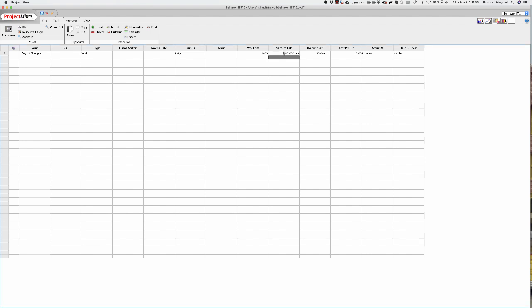amount rate. Now, I do want to make a comment about rates. When you're dealing with rates in setting up resources in a project, there's a difference between how much they actually get paid per hour and how much the company actually has to pay to employ that person.